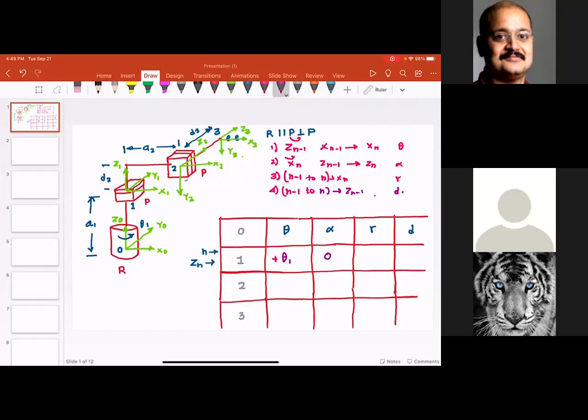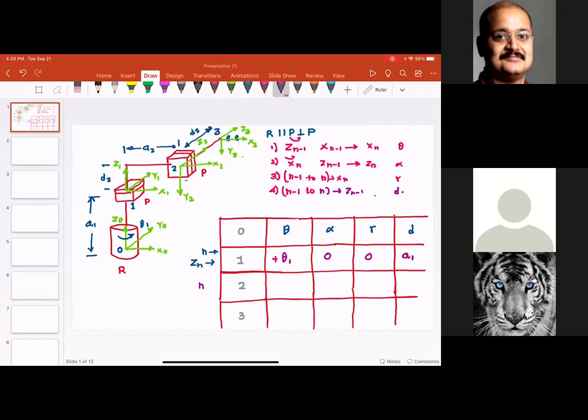The r value is the distance along xn, which is along x1, from the 0th frame to the first frame, and that is 0. Now the last one is the distance from frame 0 to frame 1 along z0, that is d, which is going to be a1. Everyone understood this? Now let's move on to the next part.